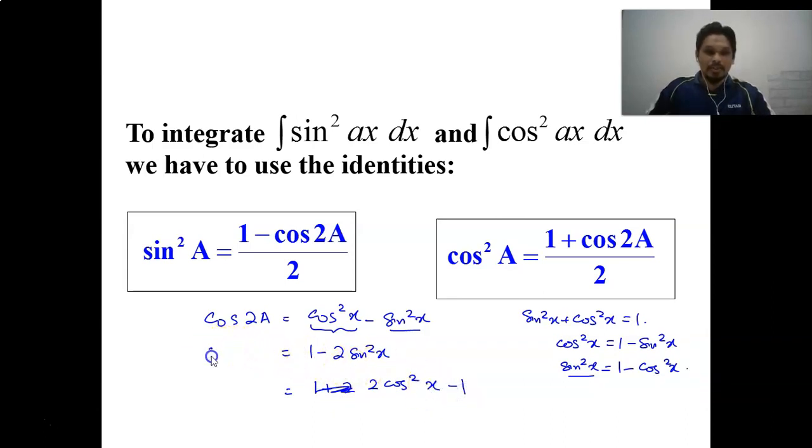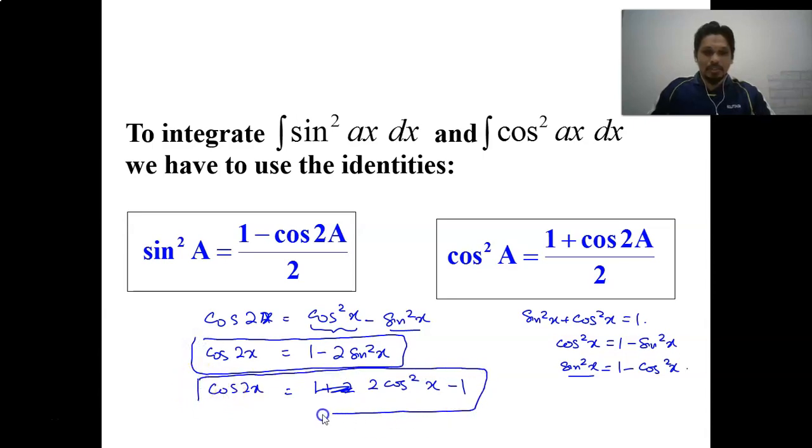So cos 2x, let's change it into x here, and cos 2x. We get this one here, and also this.